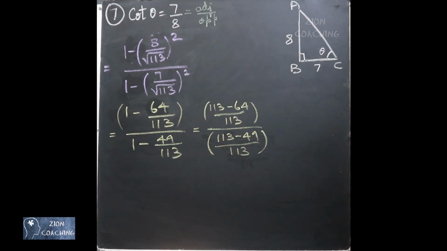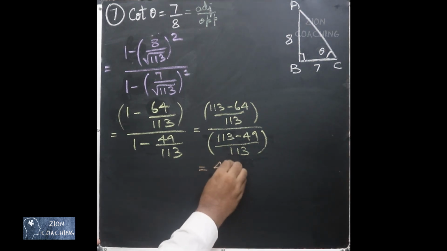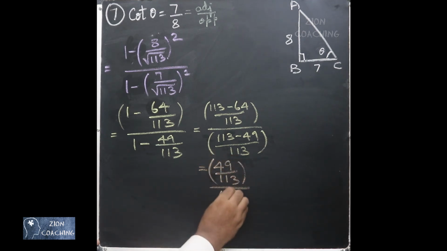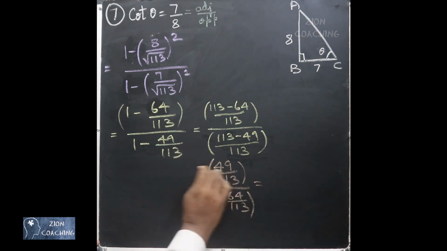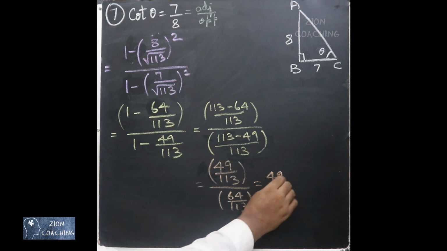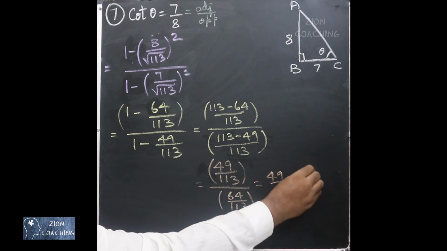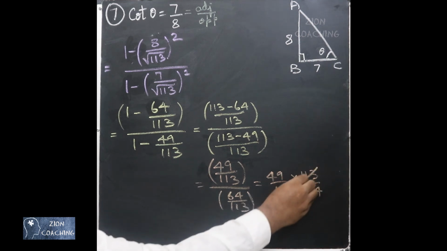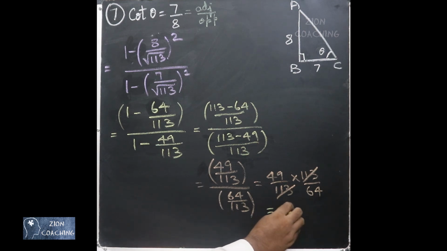That is nothing but you will have 113 minus 64 is 49 by 113 divided by 64 by 113. Now when you take this to the numerator, it will become upside down, so you will have 113 by 64. You can cancel 113 and 113. So the final answer is going to be 49 by 64.